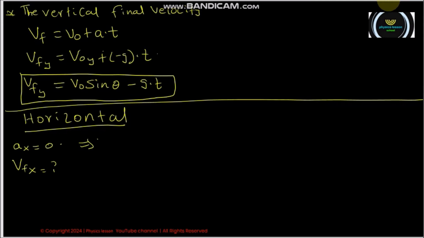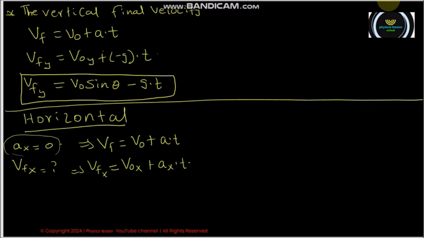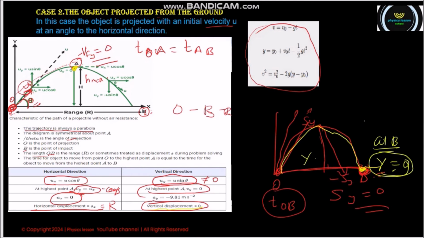Let's start from v final is equal to v initial plus acceleration times time. In our case, v final across the x is equal to v naught across the x plus acceleration across the x times t. But acceleration across the x is 0 because we already talked about that at the beginning. Ax is equal to 0. Don't forget this important point.